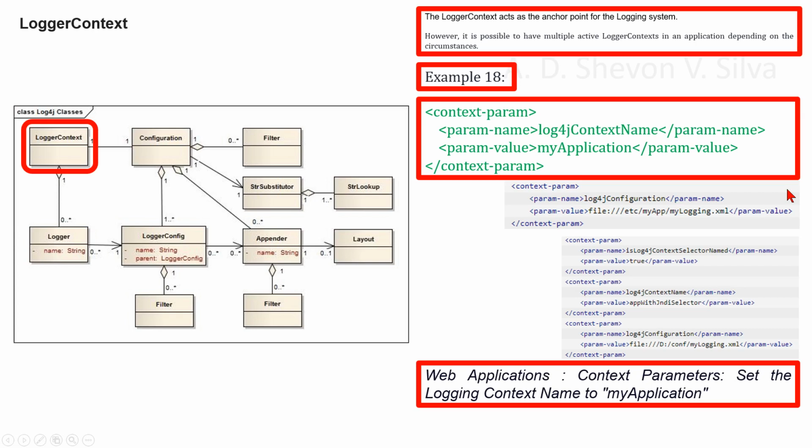There are three context parameters that you can use to control this behavior. The first is isLog4jContextSelectorNamed, which specifies whether the context should be selected using the JndiContextSelector. If isLog4jContextSelectorNamed is not specified or is anything other than true, it is assumed to be false.